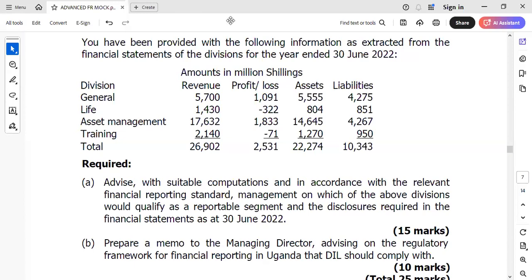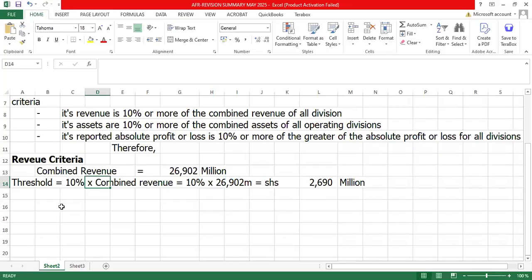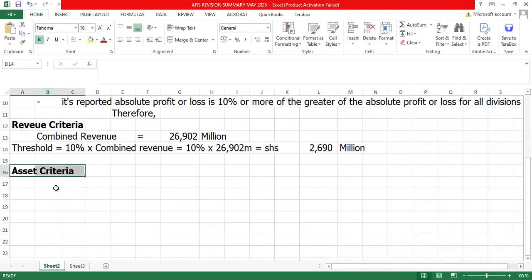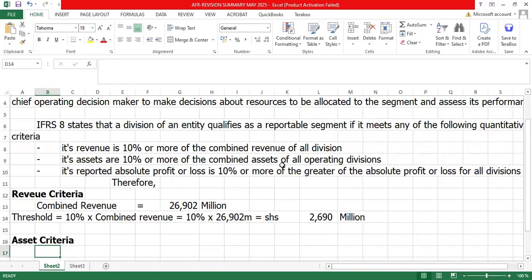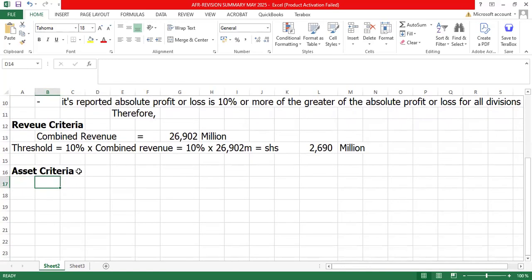So let's first also look at, we are going to give the conclusion at the end. Let me say here we have the asset criteria. Using the asset criteria, you need the combined assets. Remember here, you need the combined assets.